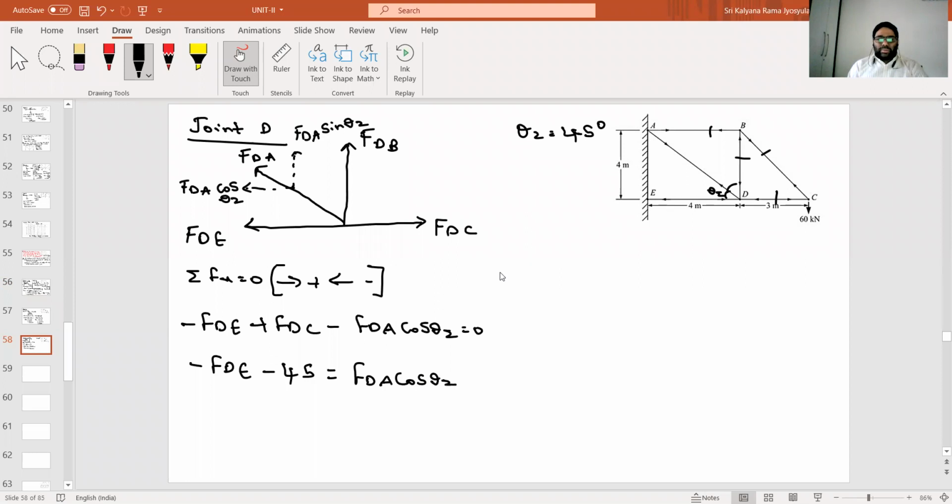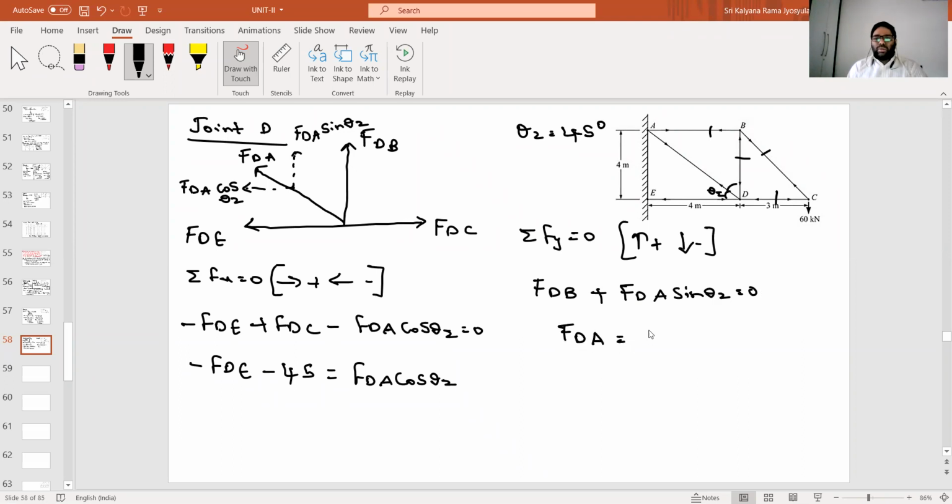Okay. Now let us go to sigma Fy. Sigma Fy is equal to 0. Upward positive, downward negative, which implies FDB plus FDA sin theta 2 is equal to 0. We already know what is FDB.